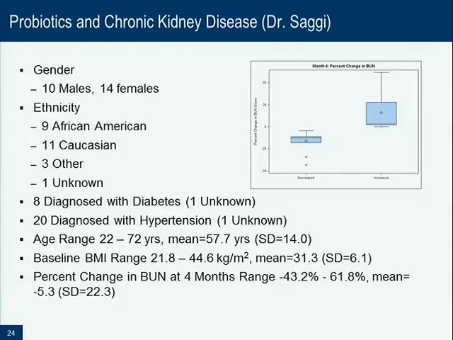But in this study, what we wanted to do was try to understand how the probiotics that the patients with chronic kidney disease were taking correlated with a relevant clinical response.